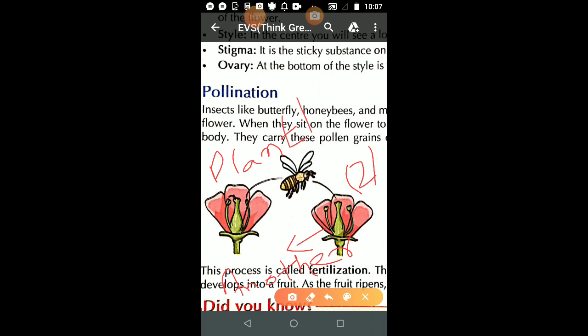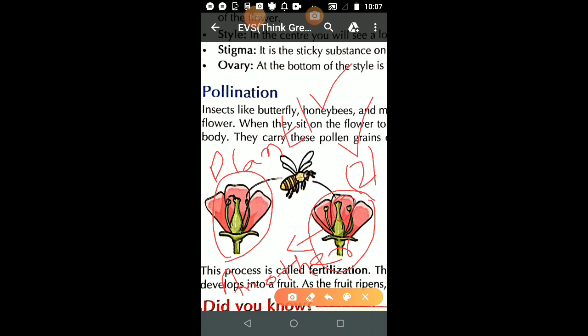One more time, understand, students. For example, this flower I am talking about is of plant number 1 and this flower is of plant number 2. Now students, what happened? From the anther of flower number 1, that is from plant 1, pollens are transferred to the stigma of plant number 2.